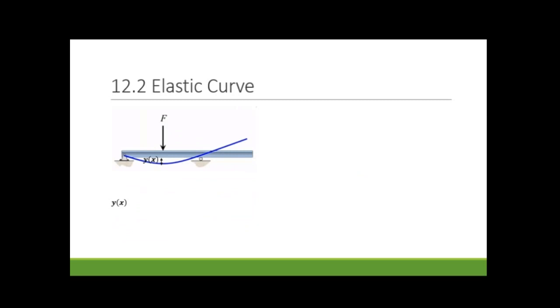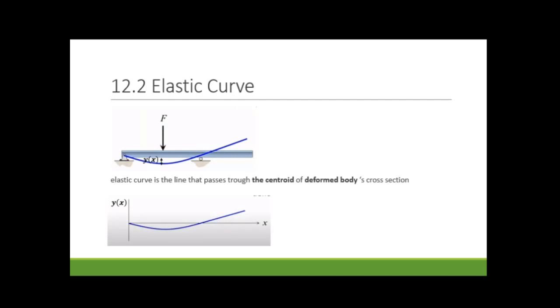Before starting, I want to discuss a new term, the elastic curve. The elastic curve is the line, you can see the blue line on the screen, that passes through the centroid of the deformed body's cross section. You know the beam is a three-dimensional body.